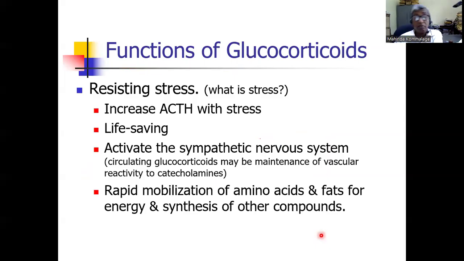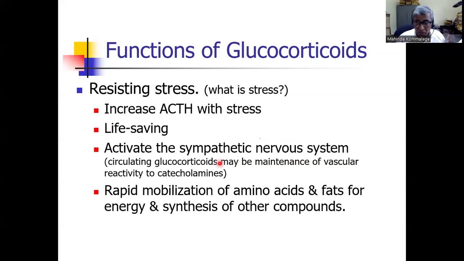In addition to that, cortisol is important to resist stress. Cortisol is a stress hormone. When we are stressed, cortisol secretion increases. When you are close to the exam, probably your cortisol level is very high.